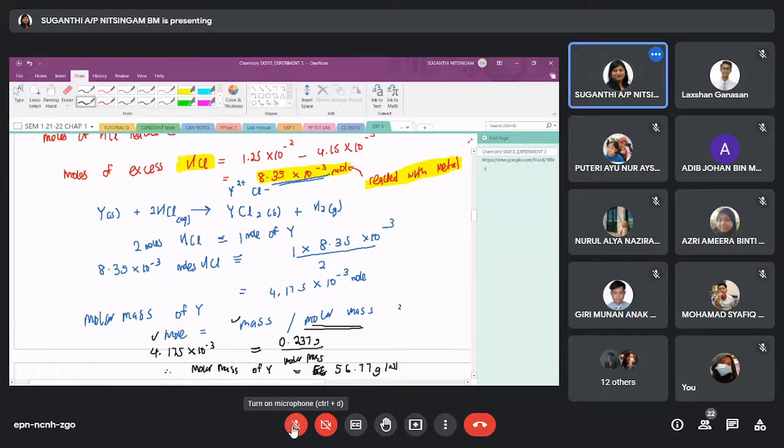Wait. Molar mass is equal to mol, right? Okay, correct?